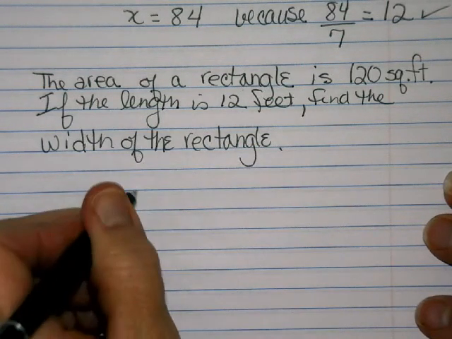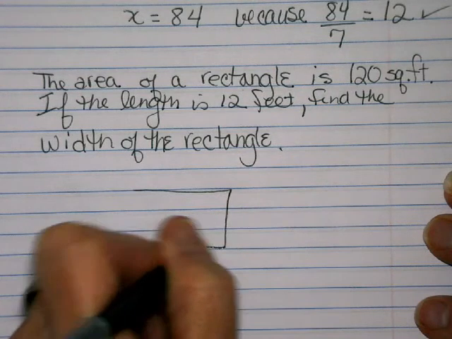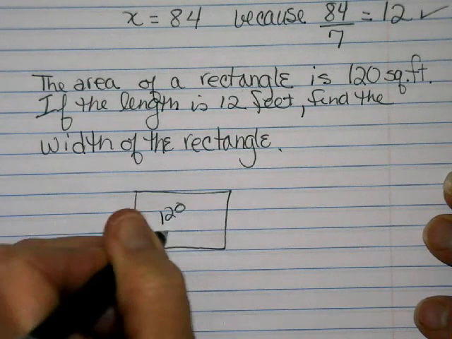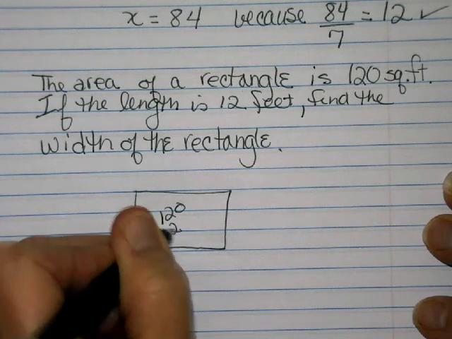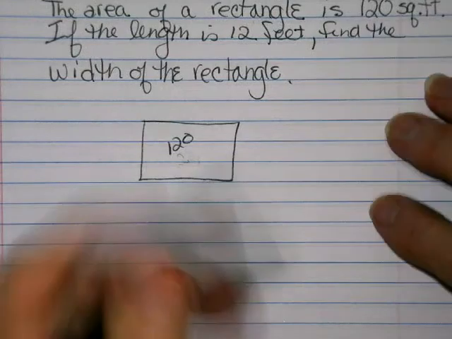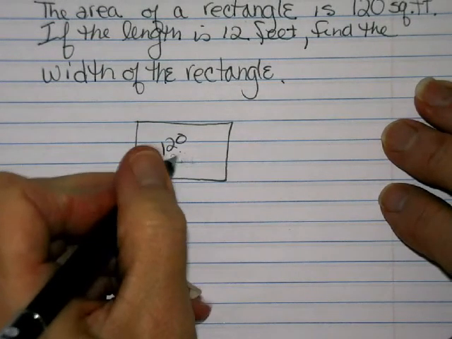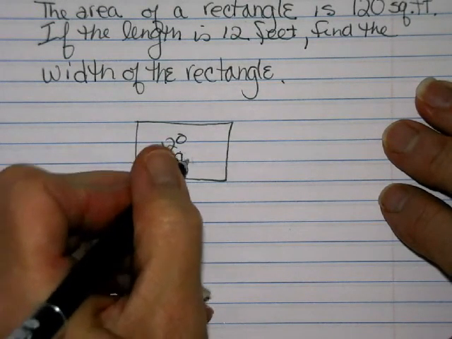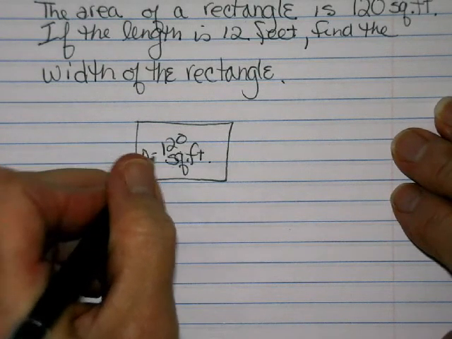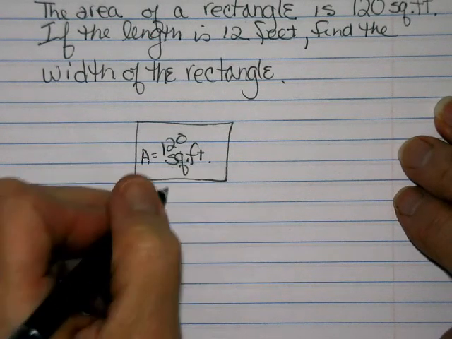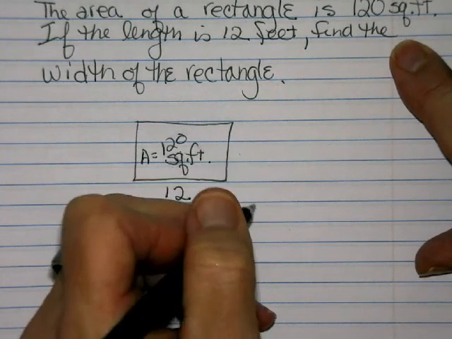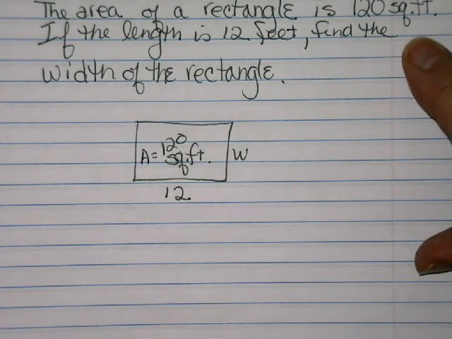In word problems, it's best to build a picture if you can. The inside is 120 square feet. You just divide by 12. Okay. Why? Please, gentlemen. Thank you. If the area is 120 square feet and the length is 12, find the width.